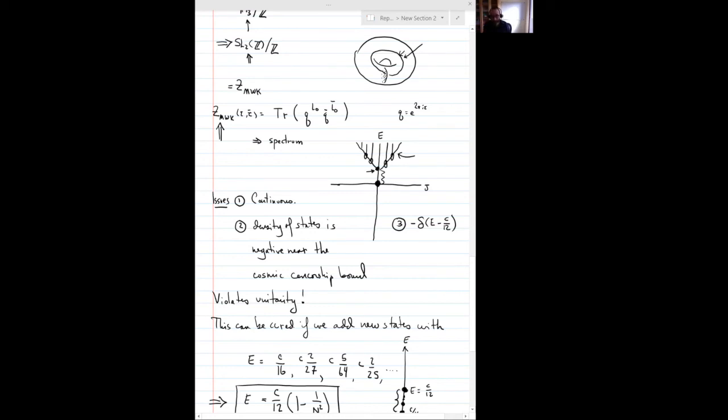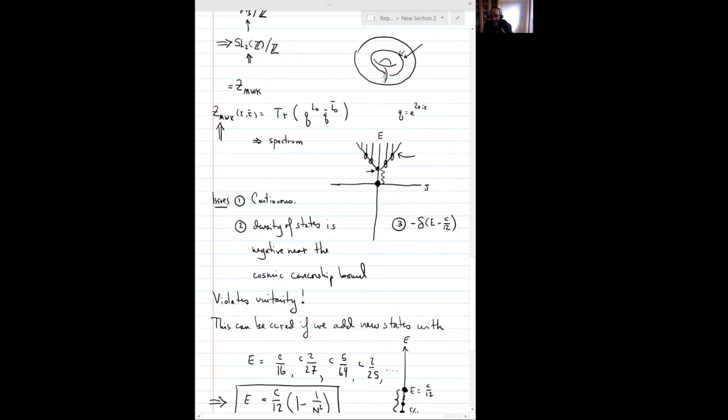Now, if I redid this, but also added in my conical defects, if I add in a Z2 conical defect, it'll turn out that you get -2 states right at threshold. If you add in the Z3 conical defect, you get -3 states at threshold, and so on and so forth.